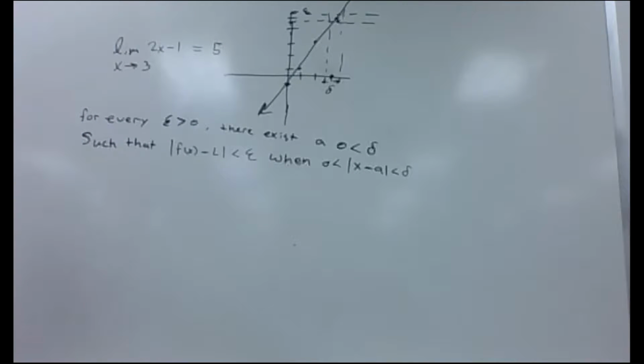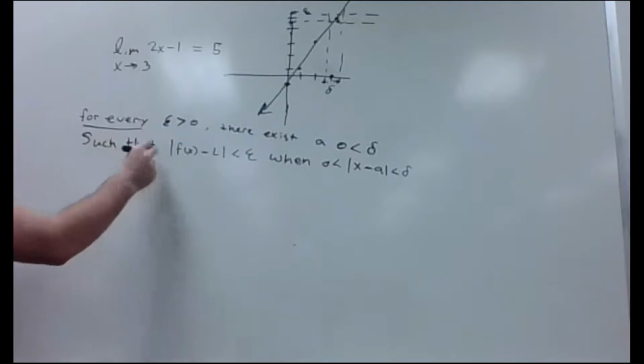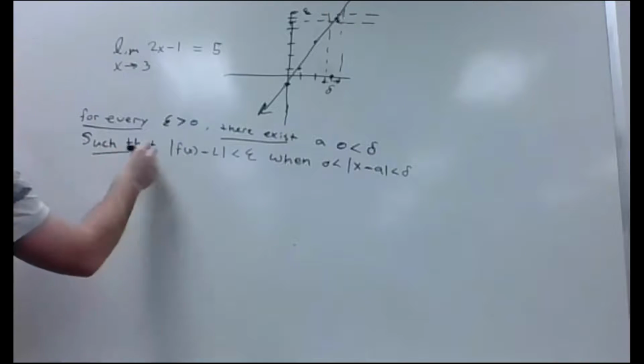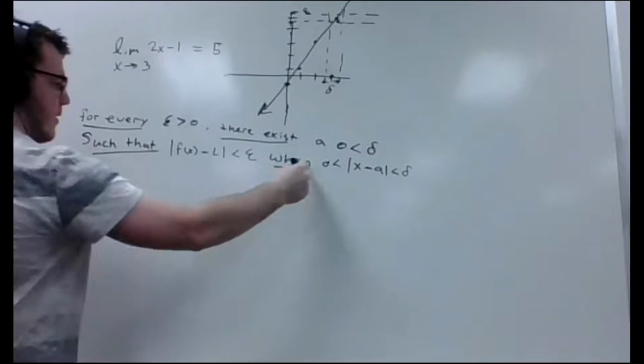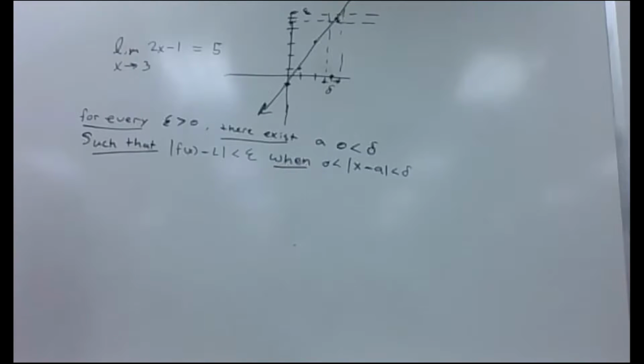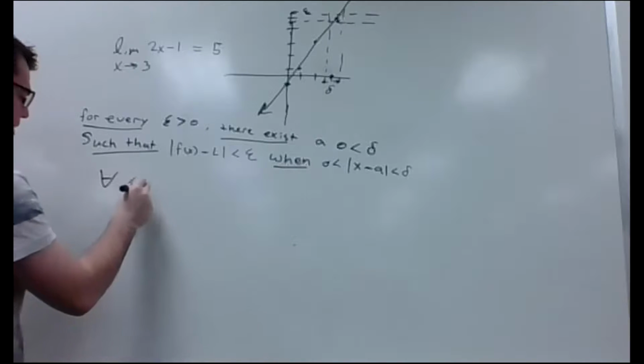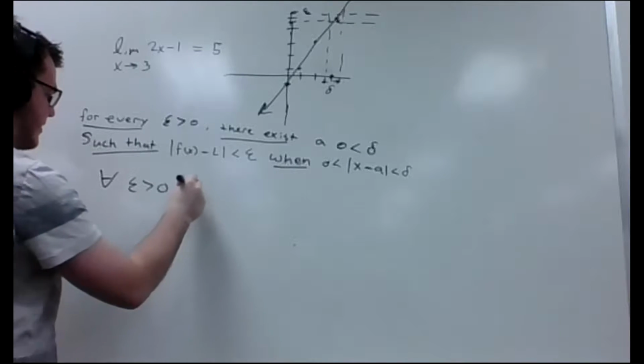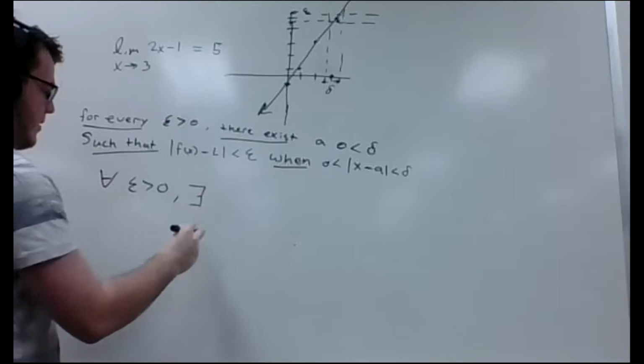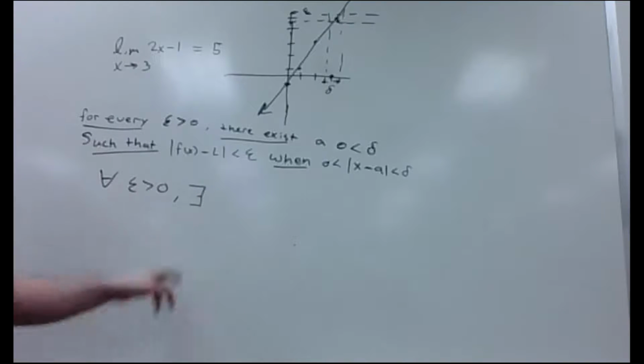Now, they actually use weird notation. I don't know if you've talked about this before, but they replace all these words with symbols. For every is an upside down A. I don't know why they chose that. There exists is a backwards capital E. They probably actually have real names.